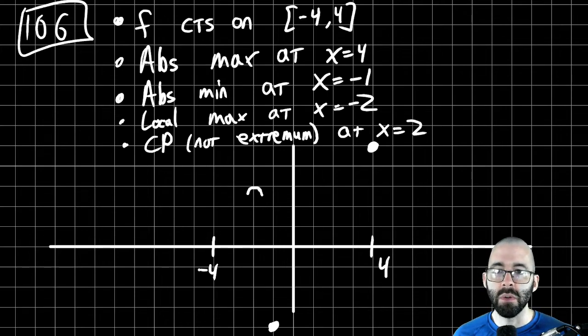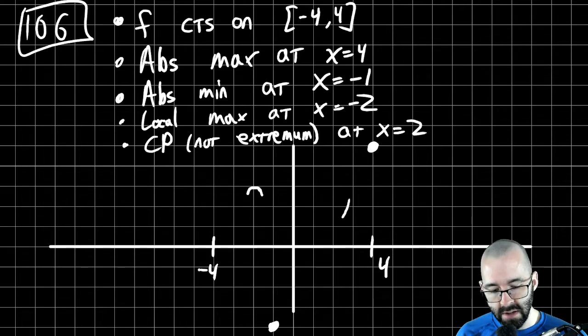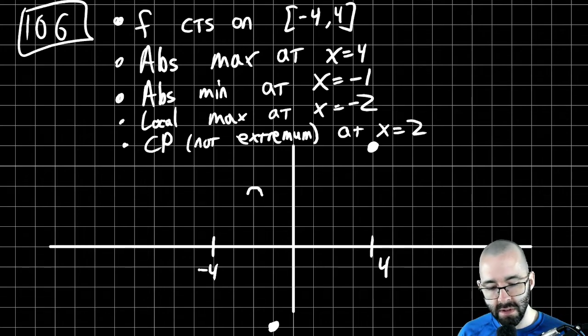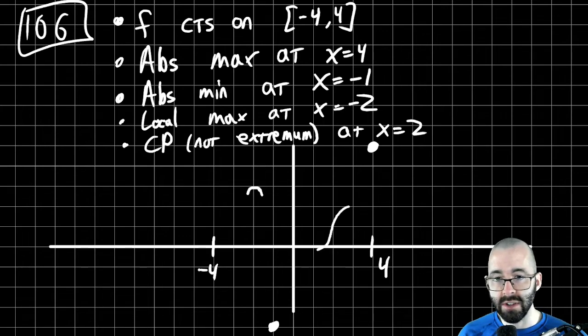There's also a local minimum. Sorry, there is no local minimum actually. There's a critical point at x equals 2. And again, that could either look something like this, horizontal tangent line, but no max or min. It could look like this, vertical tangent line, no max or min.